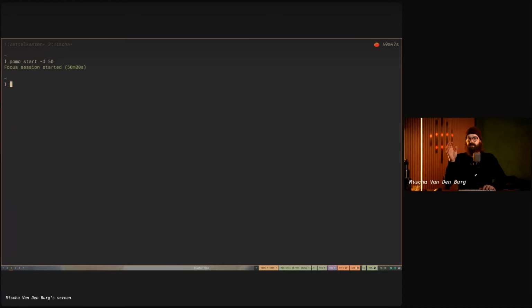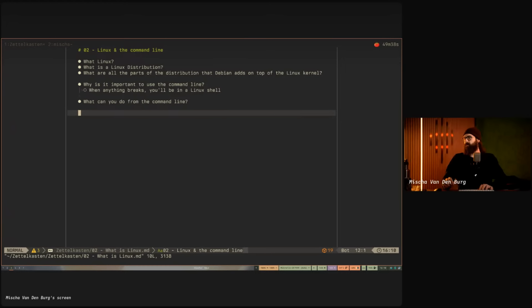I slept really badly because it's a little bit late and because of the light. So I'm trying to cap this one at about 1.5 hours. And that's why we have the Pomo timer in the top right of the screen here. We'll do 50 minutes, maybe take a short break, and then we'll see how far we have come and how much longer we'll go.